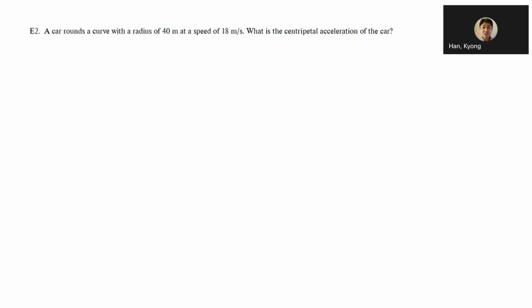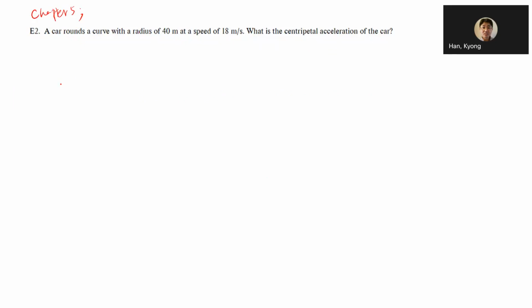This is chapter 5, a homework question, part of the review for the previous class. Chapter 5 E2: a car rounds a curve with a radius of 40 meters at a speed of 18 meters per second. What's the centripetal acceleration of the car?